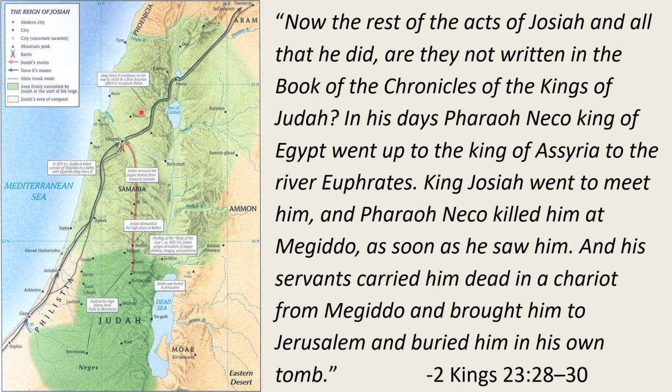But he has to go along the border of Josiah's territory. Josiah is not a fan of this, so he goes out to fight against Pharaoh Necho. There's a battle, and Josiah is killed. It's an illustration of the strategic location and importance of the Promised Land.